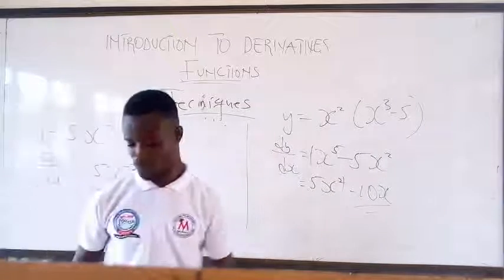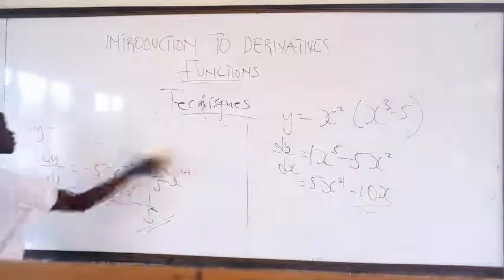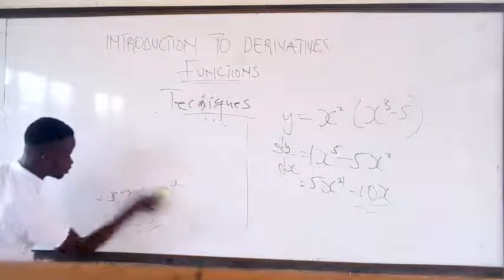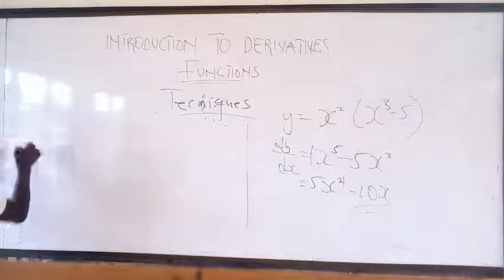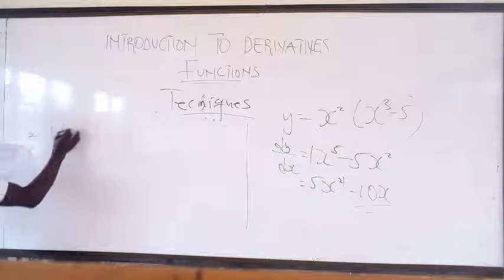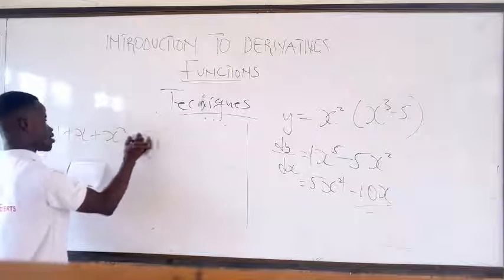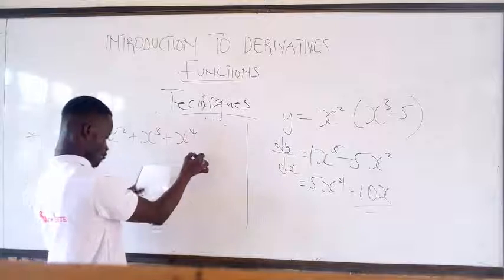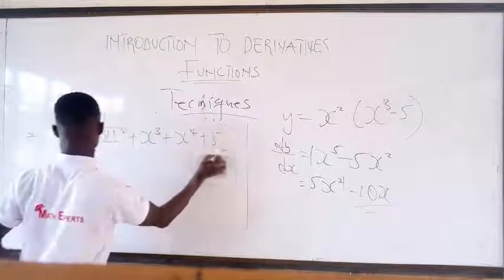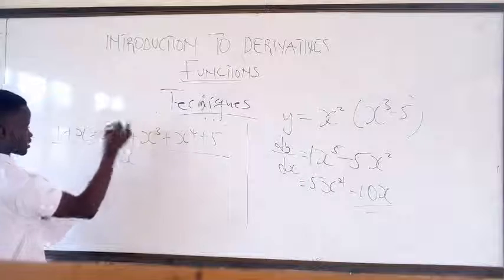That is that. Alright. You can get something like this: 1 plus x squared plus x to the power 3 plus x to the power 4 plus 5, all this over x.